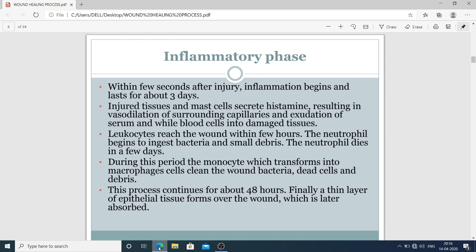And the next is, during this period, the monocytes, which transform into macrophage cells, clean the wound of bacteria, dead cells and debris. And here is a question: what are monocytes? Monocytes are a type of WBC that fight certain infections and help other WBCs remove dead or damaged tissues.